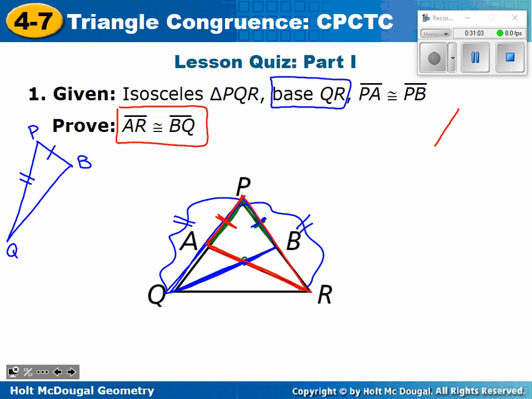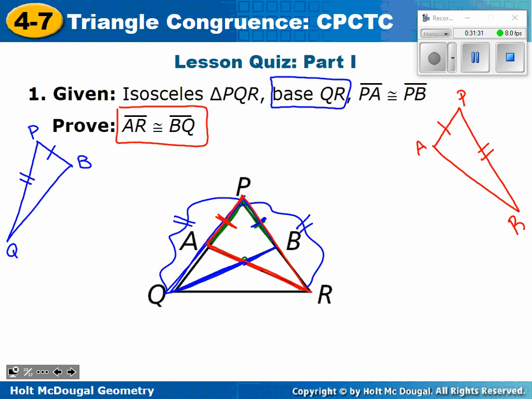So the red one was PAR, and we have PA marked congruent to PB. And we have PR congruent to PQ. Now we haven't written all that down yet, and we're going to in our proof, but I want to make sure that we at least have the 2 triangles figured out and marked. Everybody good?